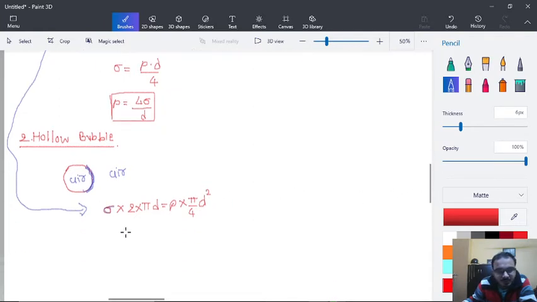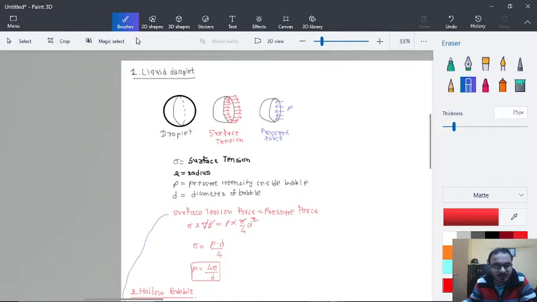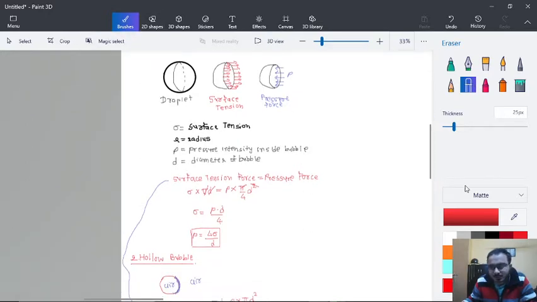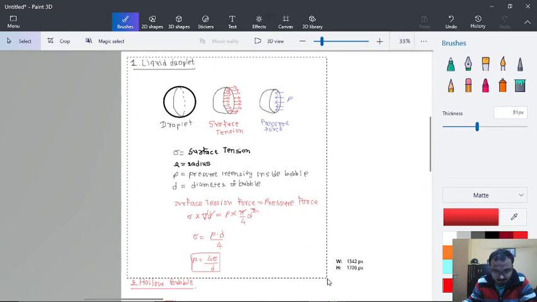So finally what we are going to get here is P is equal to 8 sigma divided by D. You can check it by yourself. So we have derived the formula for surface tension in this case. So let's copy this part into our main presentation.